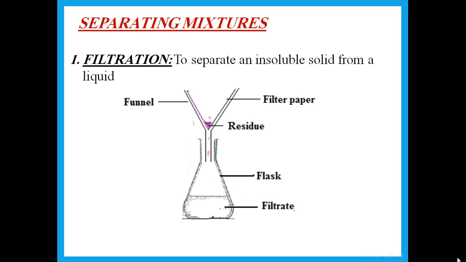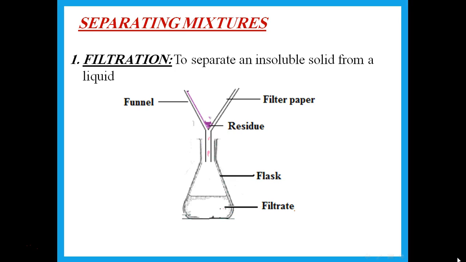And please know how to draw the labelled diagram of this apparatus, because you will need to draw the labelled diagram of this apparatus. Remember that if you have something that's insoluble, like what? Like sand, for example. Sand and water. You pass the mixture through the filter paper. Can you see where the filter paper is? Where will the sand remain?